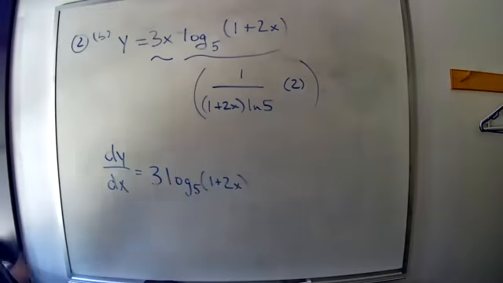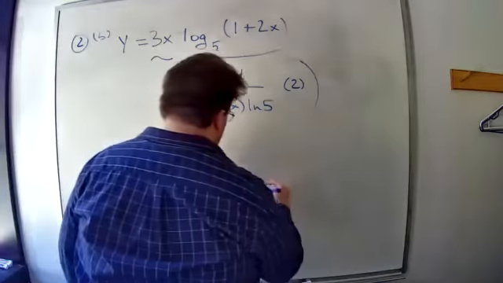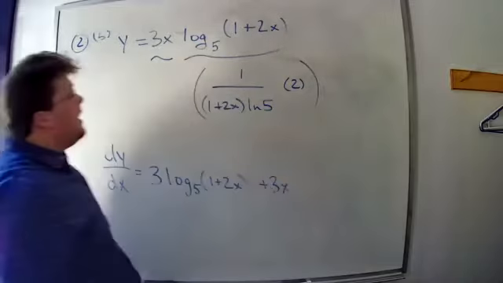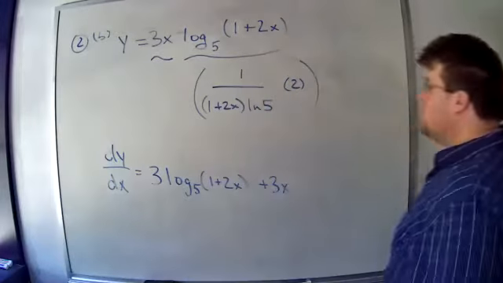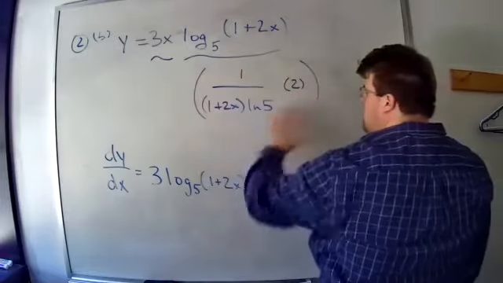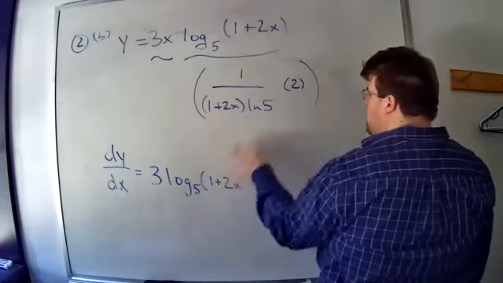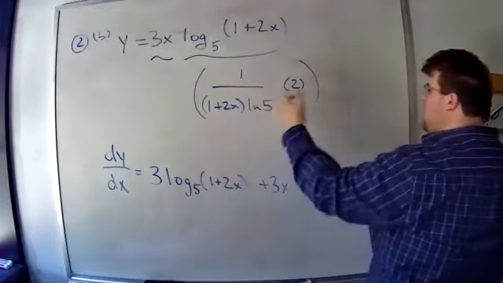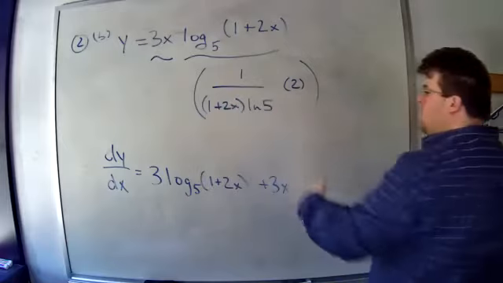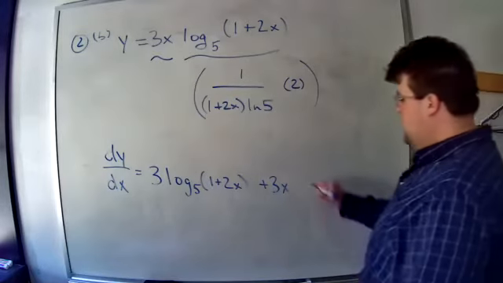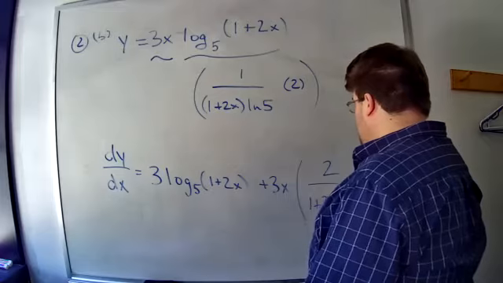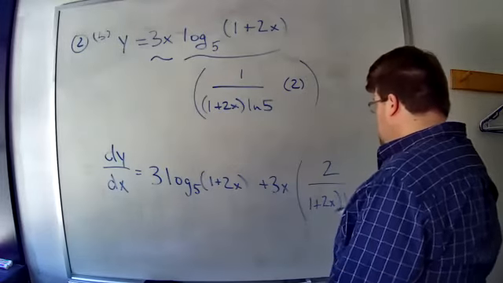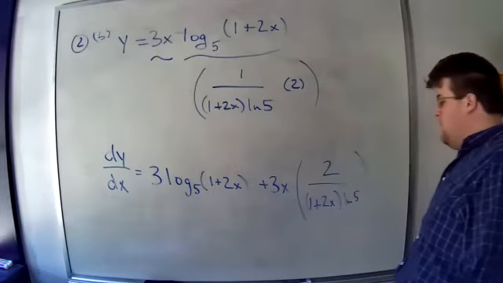So there's half of our answer, plus 3x times derivative of that logarithm function. Derivative of the logarithm function, well, we found it right here. 1 over the inside natural log of the base times derivative of 1 plus 2x. So we have 2 over 1 plus 2x times the natural log of 5.